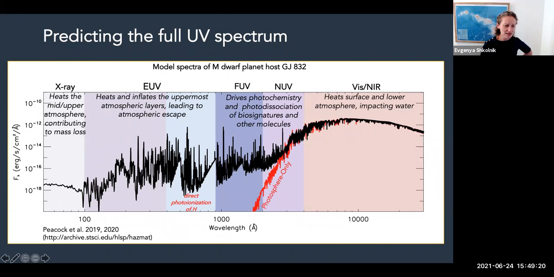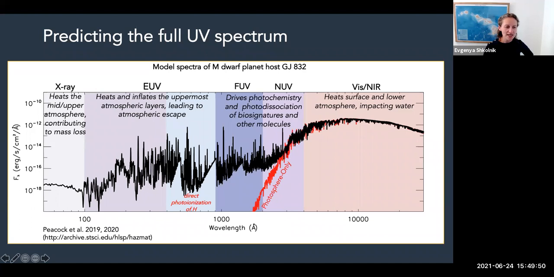And this region in the middle here, where you have direct photoionization of the hydrogen in the primordial atmosphere, is really, really key, but also, rather non-coincidentally, is absorbed by the interstellar medium. So we will have a very hard time observing the EUV in this range from 400 to 900 angstroms ever for the vast majority of exoplanetary systems, especially those that are transiting, for which we will want transmission spectroscopy.